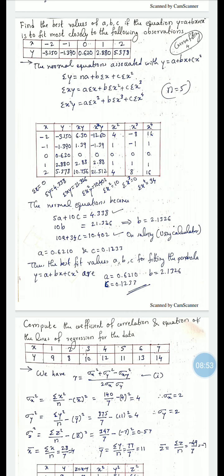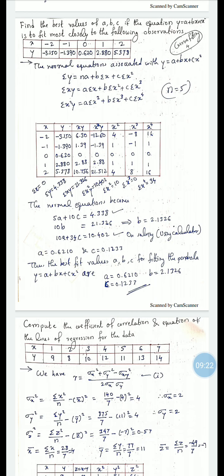So put all the values in the normal equations, we get 5a plus 10c equal to 4.338, 10b equal to 21.326, 10a plus 34c equal to 10.402. On solving the simultaneous equations by using the calculus, we get a equal to 0.6210, b equal to 2.1326, c equal to 0.1233.